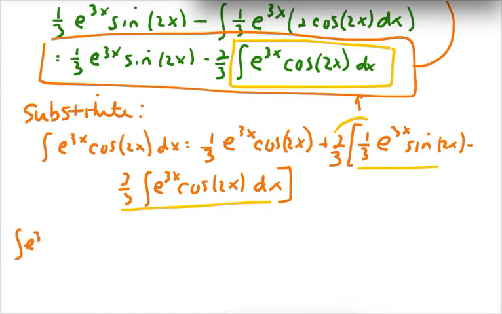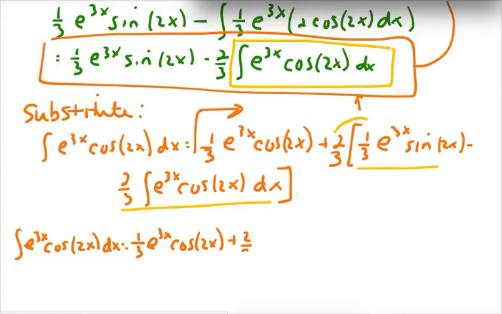So e to the 3x cosine of 2x, which was our original integral, is equal to everything over here, right, on out. So I'm going to rewrite the first piece. There's nothing that we can do here. And then I'm going to distribute in the constant.